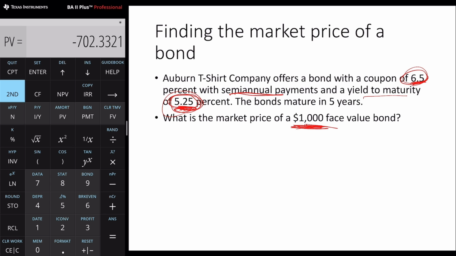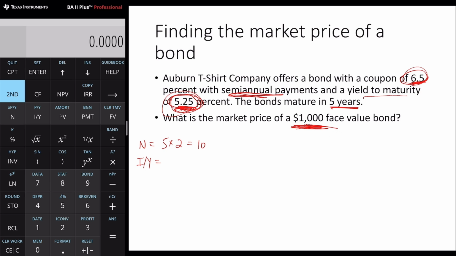Now let's go ahead and solve this problem, lay out what we know. So the N here is going to be referred to the maturity of the bond, which I can see is 5 years. But I need to multiply that by 2 because I'm thinking in terms of 6-month increments because there are semi-annual payments. And so my N is going to be 10.